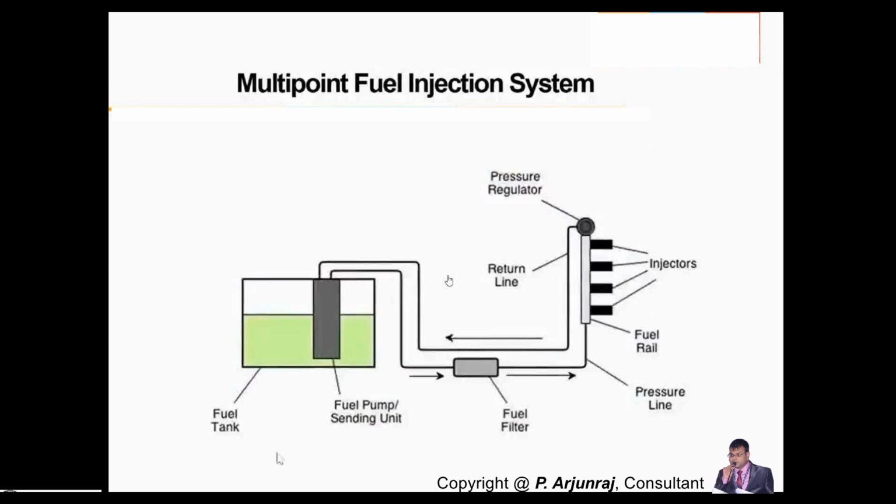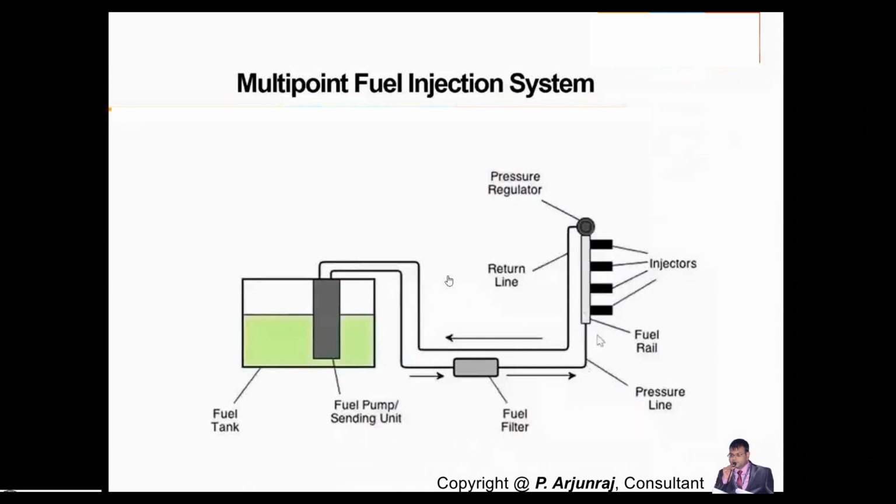In the case of the multi-point fuel injection system, you have the fuel tank, and the fuel pump will pump the fuel from the tank and take it to the fuel filter, then the line, and it goes to the injector. Basically, you call this a pressure line.